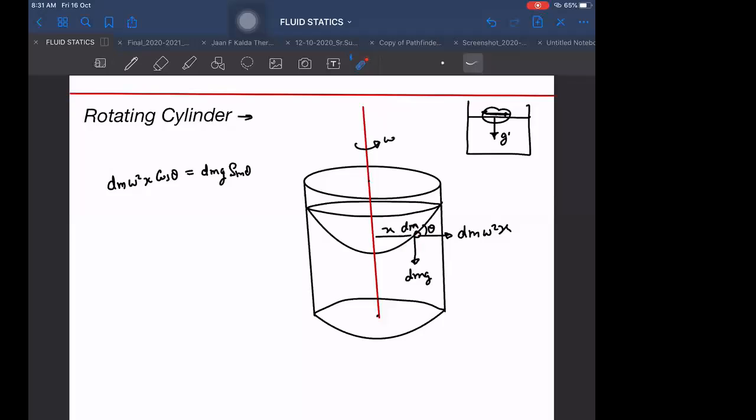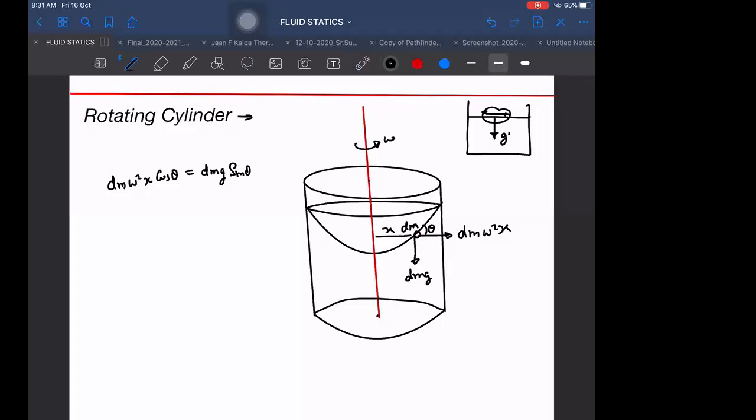Now, if that is happening, can we find out what is the shape of the curve? We can find it out. How?